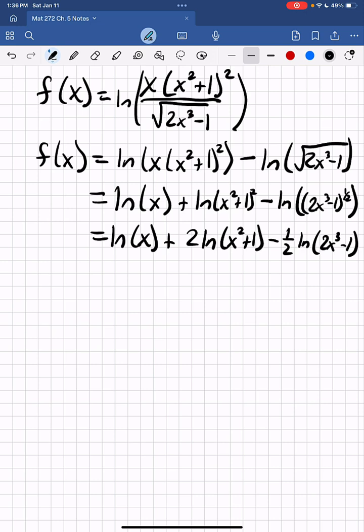So now I have all these rules that I've used for exponents and for logs. And so now I can take the derivative because I've simplified it and expanded it as far as I can using the natural log.